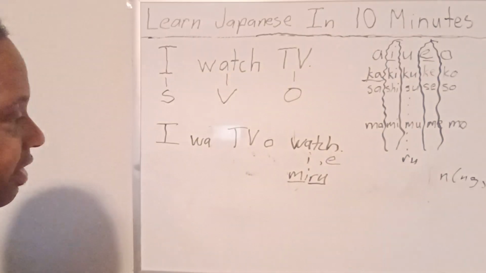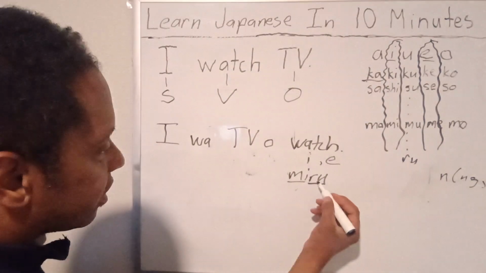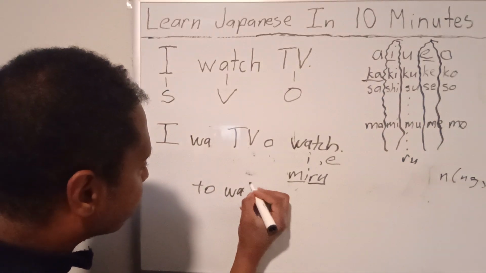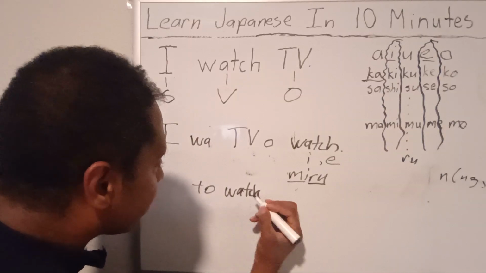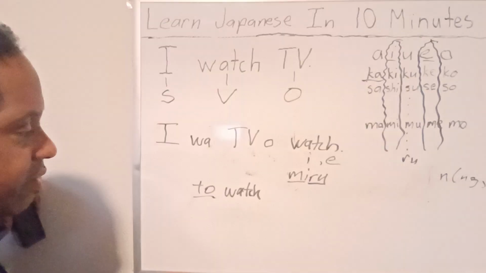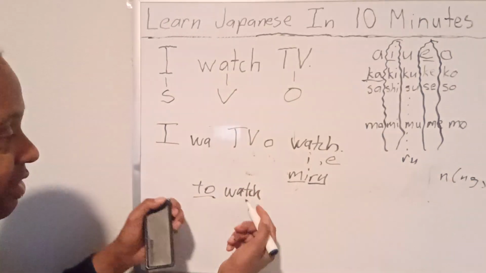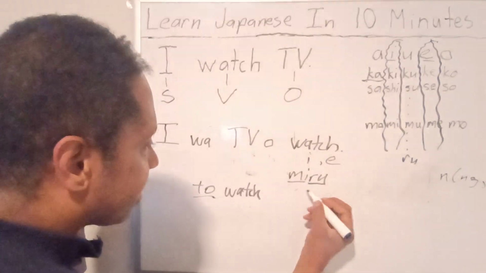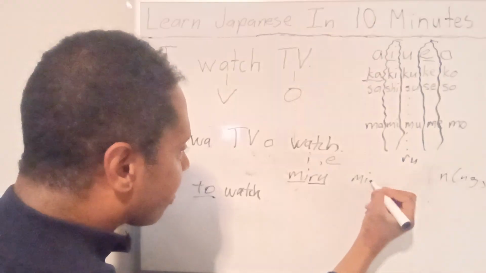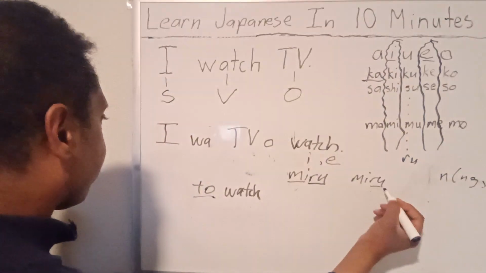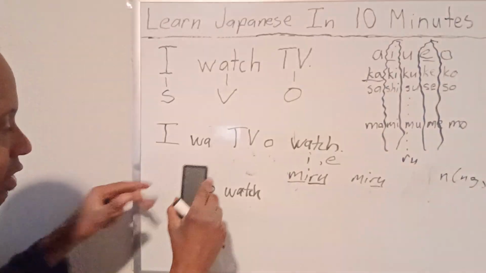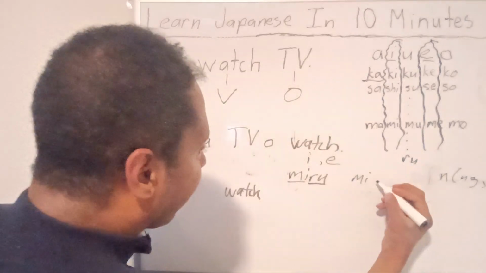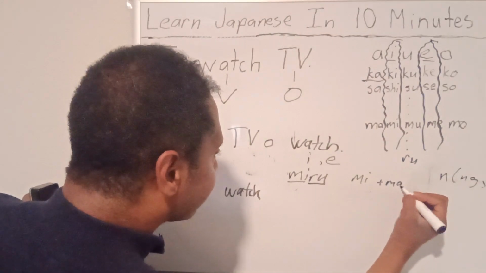Now, how do you conjugate class 2 verbs? First, we notice it ends in ru. In English, we say to watch, in which to precedes it. We don't really say I to watch, but it's preceded by to. In Japanese, they end it with ru: mi, ru. That's like our to. So basically, we drop our to, they drop their ru. And then they add mas.